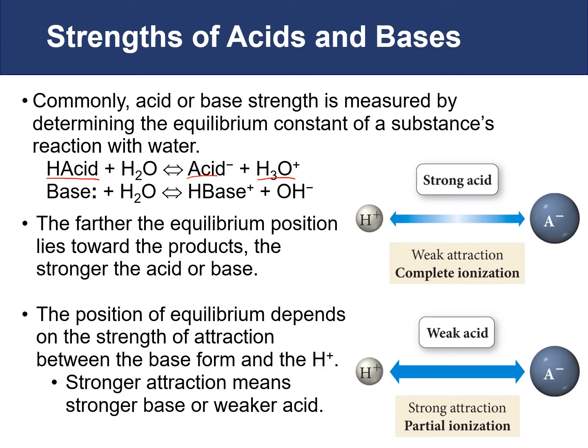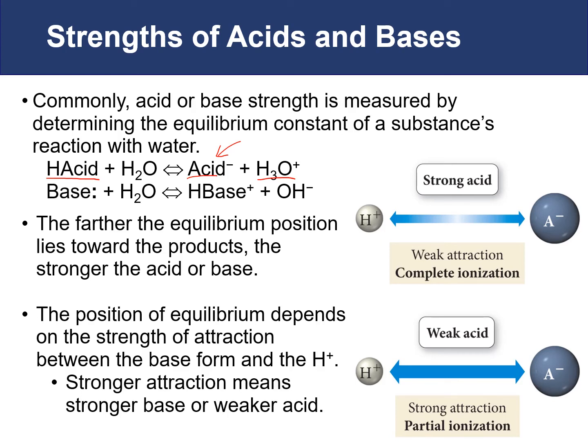These are typically ones where the conjugate base doesn't really have a very strong pull towards the acidic proton. Another way of thinking about that is that the conjugate base is a very stable anion, a very stable negative ion, meaning that it doesn't really need to pull on an additional proton to stabilize itself.